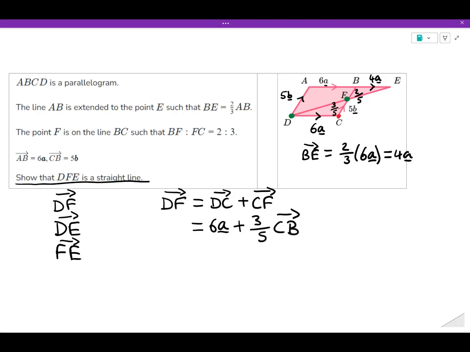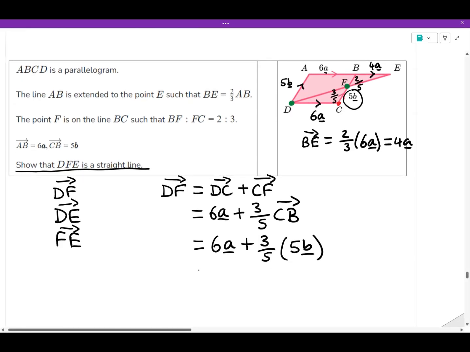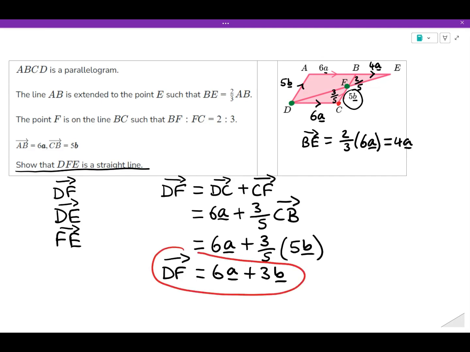So now let's try and find C to B. So it's going to be 6a plus 3/5 of, and then C to B. Well, how am I going to do that? Well, I can go directly from C to B because I've got the 5b here, which tells me how to do that. So I'm going to write a 5b in here like that. Now let's simplify it. So we would have 6a, and then the 5 here will cancel with the 5 there. So we just end up with plus 3b like that. So that is my vector from D to F. So I am just going to circle that because we're going to need to use that in the final bit of my explanation. So that's D to F done.